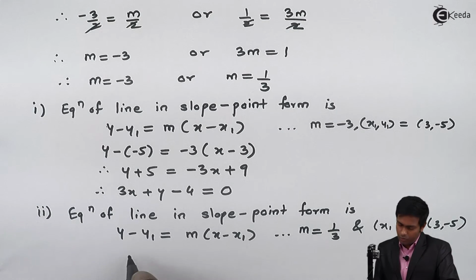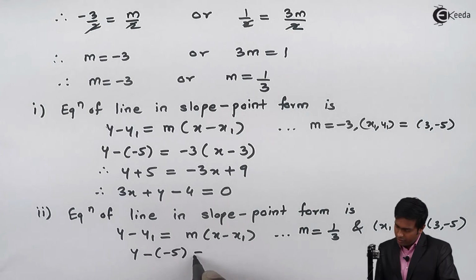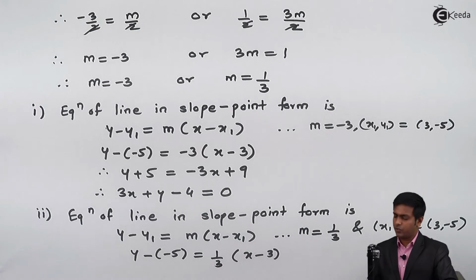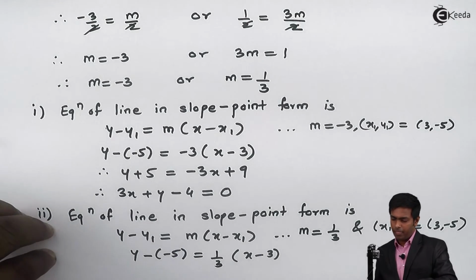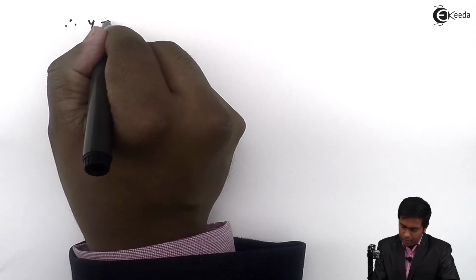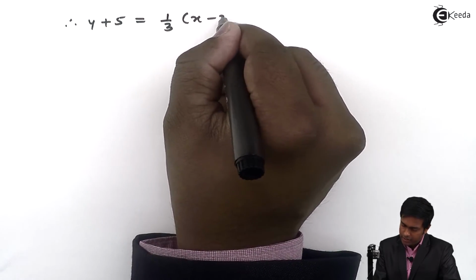So here we'll get y minus y1 is minus 5 equal to 1 upon 3 x minus 3, x1 is 3. So this will become y plus 5. So therefore y plus 5 equal to 1 by 3 into x minus 3.